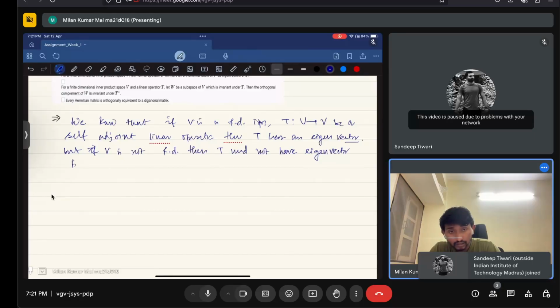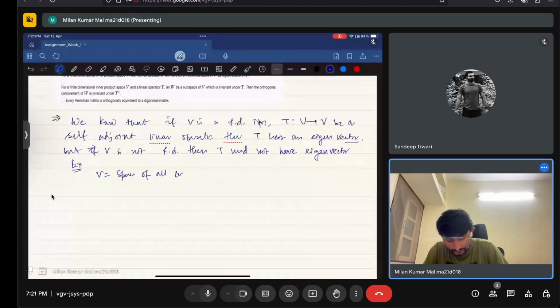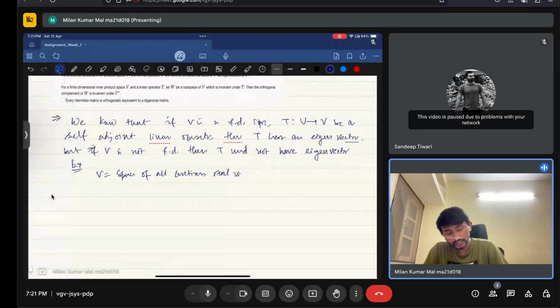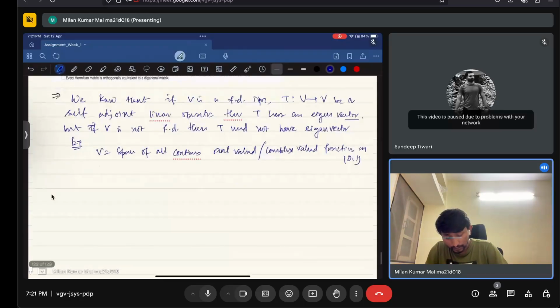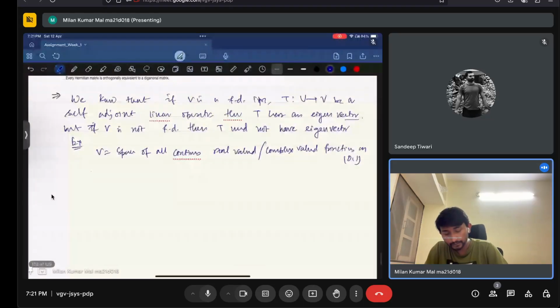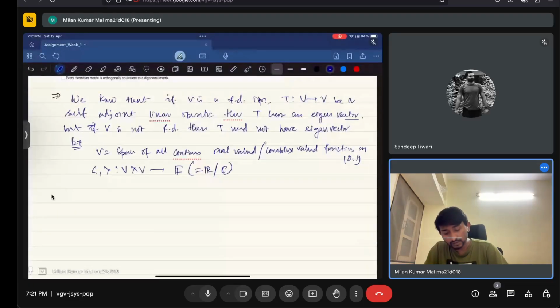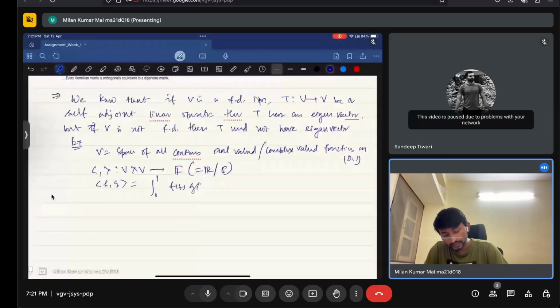Therefore, an example is this: if you take V as the space of all continuous real valued or complex valued functions on 0 to 1, for example, then define an inner product from V cross V to the field F, that is R or the complex field, by the inner product of f and g equals the integral from 0 to 1 of f(t) g(t) dt.